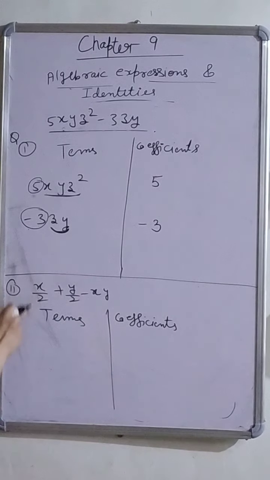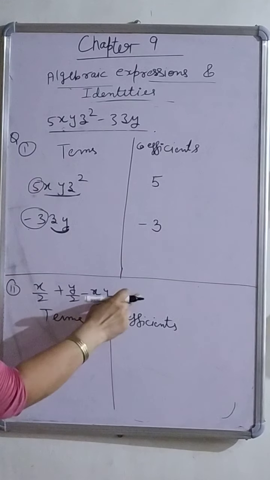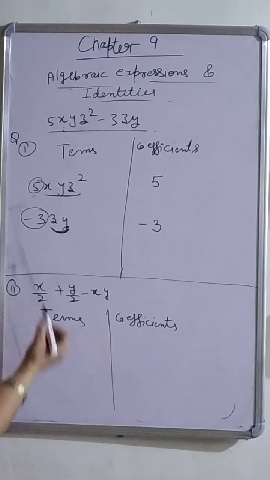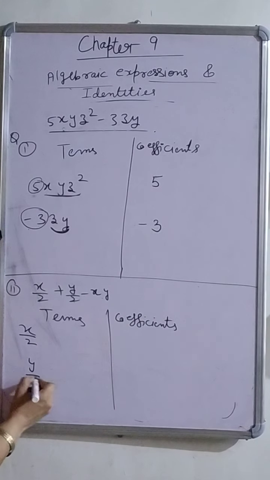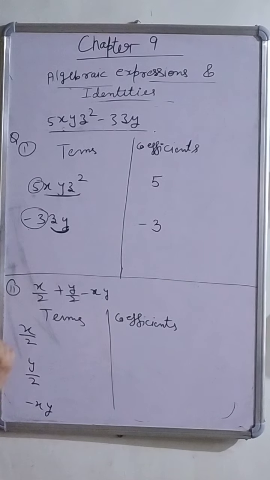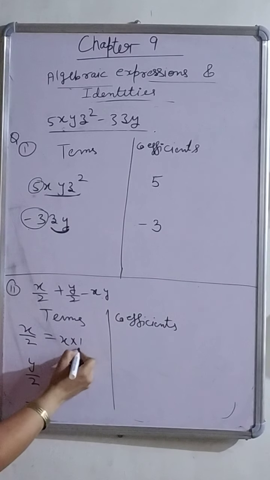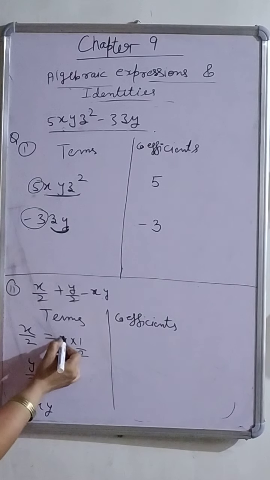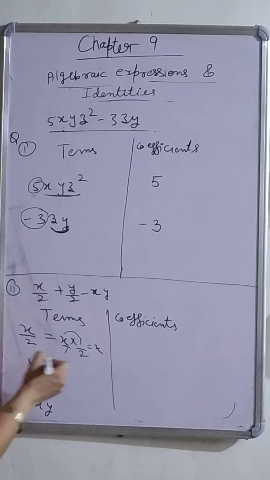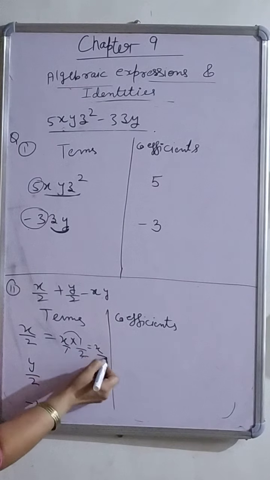See the next part, x by 2 plus y by 2 minus xy. How many terms? 1, 2, 3. x by 2, y by 2, minus xy. Now the coefficient is the numerical factor multiplied with the variable. What is multiplied with x? We can write x by 2 as x into 1 by 2. When you multiply, x ones are x, and 2 ones are 2.